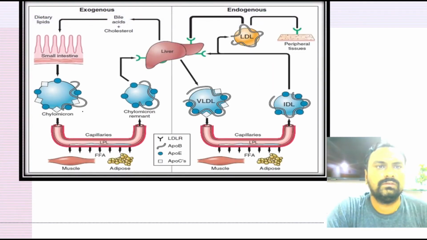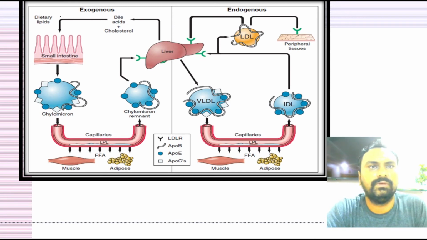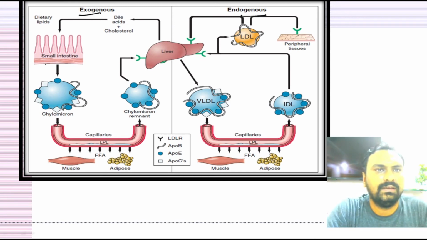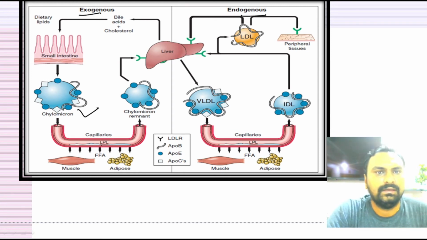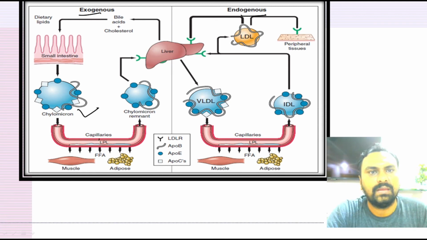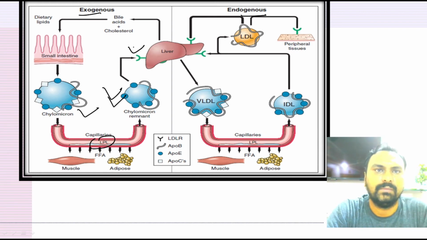So you can differentiate between exogenous and endogenous transport. Dietary lipids are incorporated into the chylomicrons, and at the peripheral tissue capillary, lipoprotein lipase will break down triglycerides to glycerol and fatty acid. The chylomicron remnant is formed, which is taken up by the ApoE mediated receptor endocytosis.